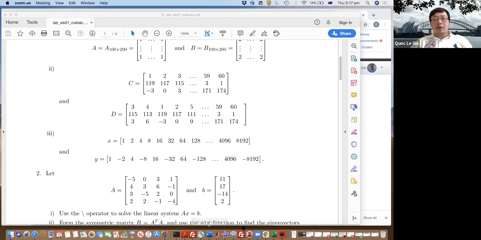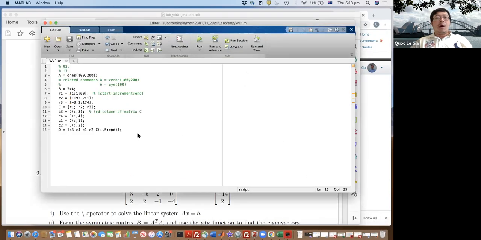So we will define it exactly like this, but without the square brackets. Let me put it in and show you. So x will be 2 to the power from 0 to 13.